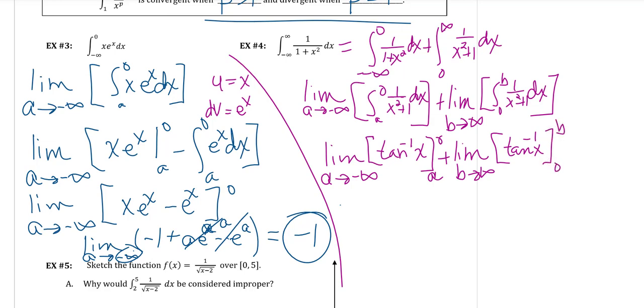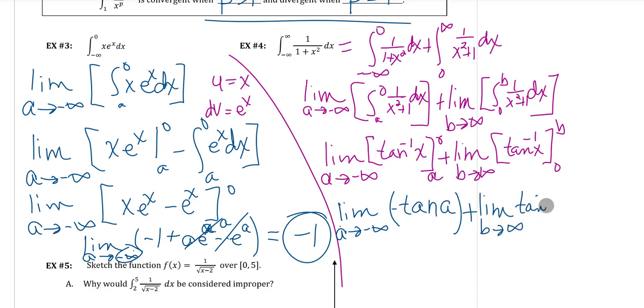So then simplifying this, I get the limit as a approaches negative infinity of inverse tangent of 0, which is 0, minus inverse tangent of a, and then plus the limit as b approaches positive infinity of inverse tangent of b, minus inverse tangent of 0, which is 0.